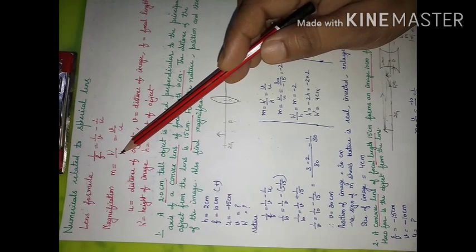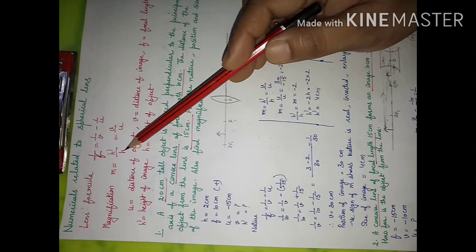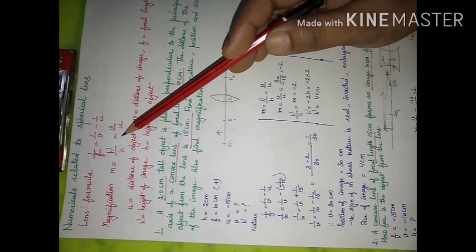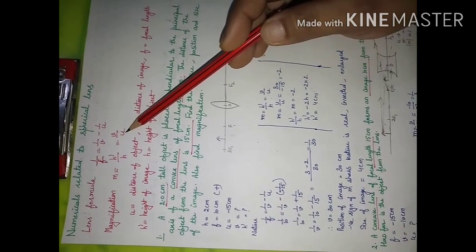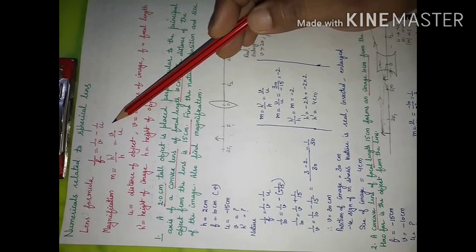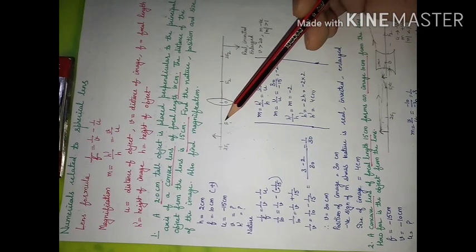So magnification is ratio of size of image to size of object. This is also equal to image distance divided by object distance. So these two formulas we have to make use of in solving numericals related with spherical lens.